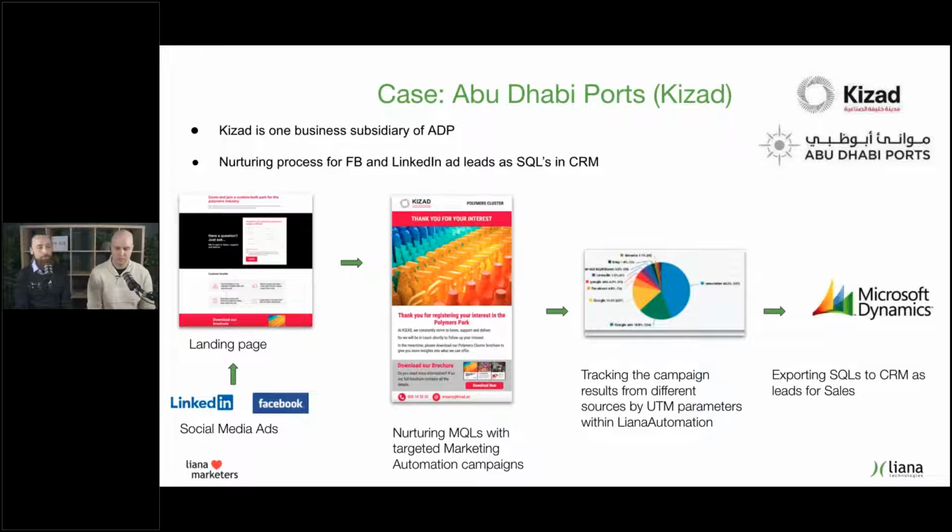They have a lot of campaigns in social media ads, in LinkedIn ads and Facebook ads, for instance, and they convert those into visitors to their landing page, and they use UTM parameters, of course, in the advertisement link, so that they can track where the leads actually come from in the first place.